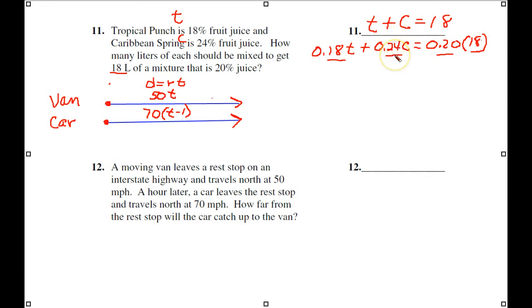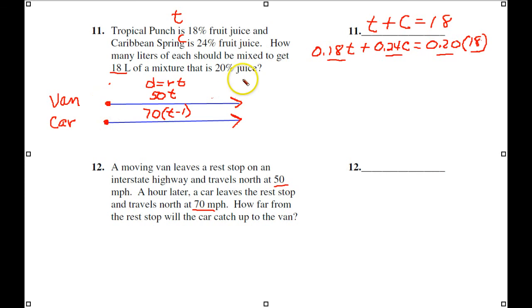Okay, now for number 12, we are changing the nature of what we're doing a little bit. Here's a moving van, and I've read it a couple of times. The moving van is traveling at 50 miles per hour. Later, a car is going to go, and it will travel at 70 miles per hour. And they're leaving from the same place.